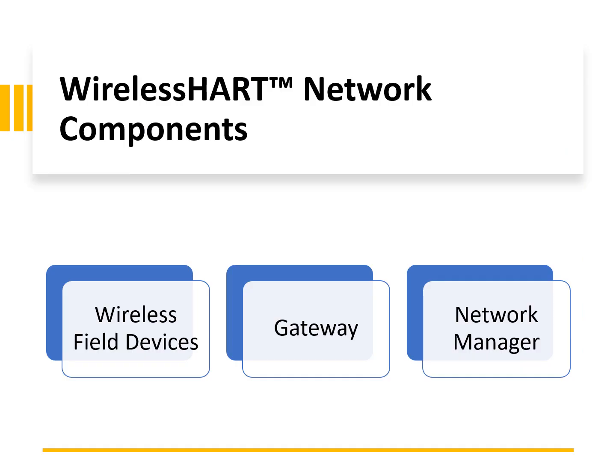The following comprise a typical WirelessHART network. Wireless field devices. These are the process controllers or field equipment. Gateway. This is the communication interface between the field devices and the host applications on the industrial communication network.